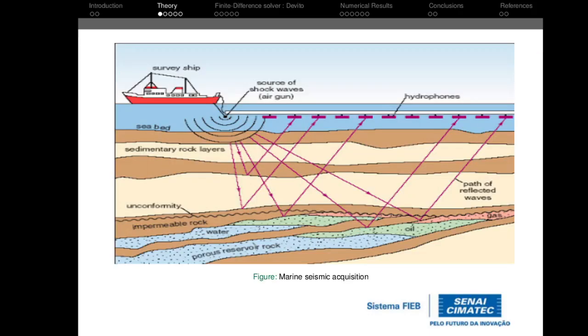So here is an image showing a marine acquisition, which is the ship carrying the source and a cable with the receivers along it. We have here the source which is transmitting energy through the subsurface, which reflects down on the layers, sedimentary rock layers, and everything here, and then goes back to the receivers, and it is recorded on the receivers.